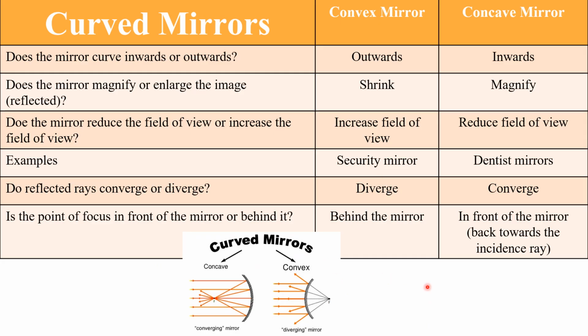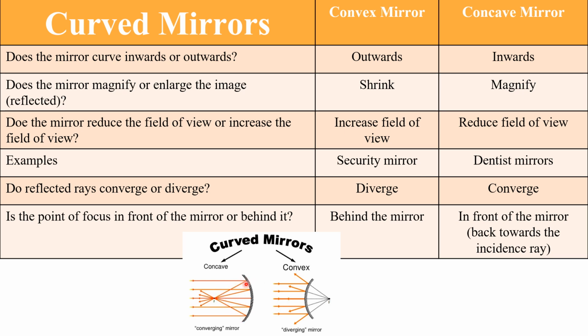Now, be careful when you get a question on concave versus convex, because is the question asking about mirrors or lenses? Because potentially your answers will be a bit different. So a concave mirror curves inwards versus a convex curving outwards. In terms of light, the incident rays that hit in a parallel manner a concave mirror will cause them to converge back inwards.